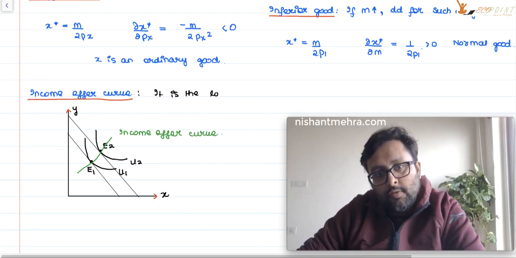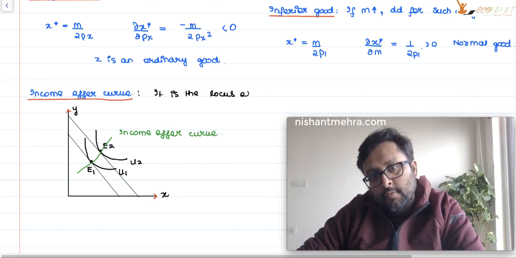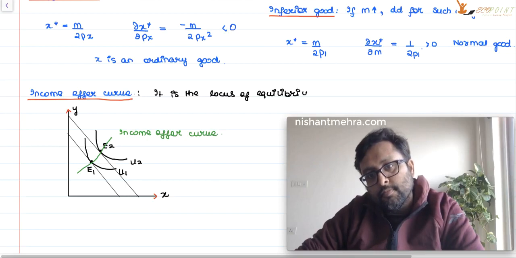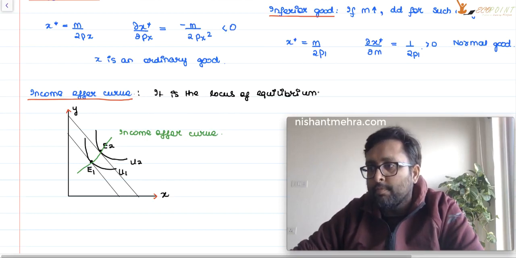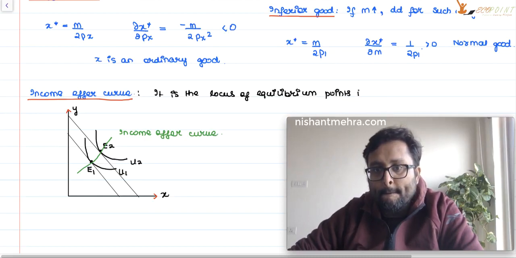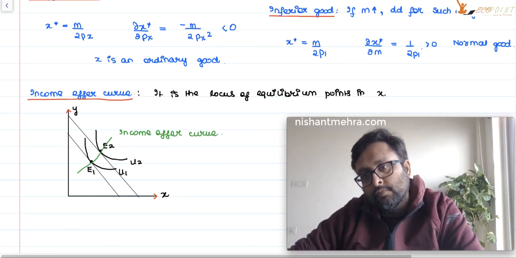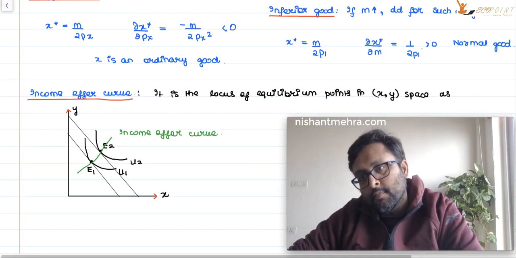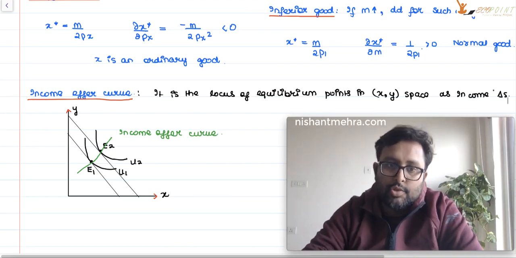It is the locus of equilibrium points in xy space as income changes, right?